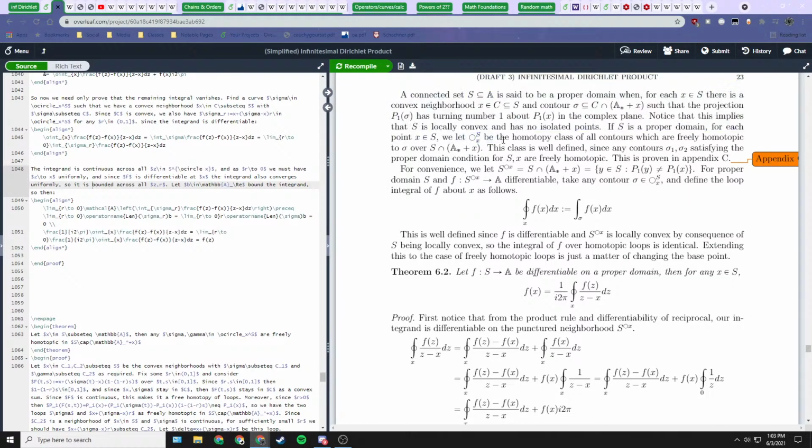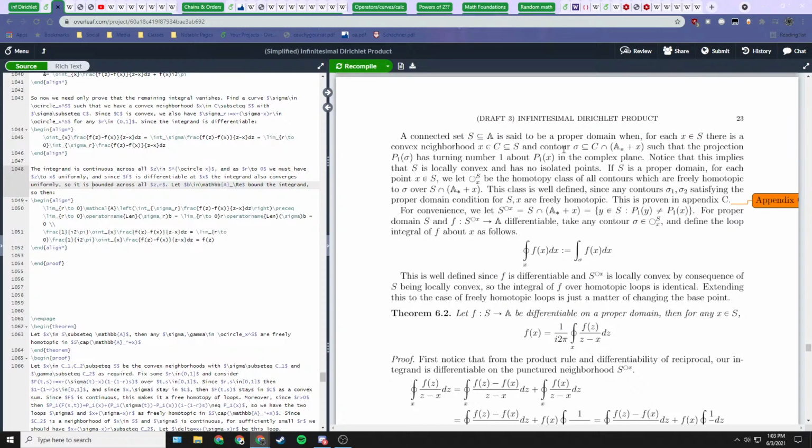So we want to show that all of these loops are homotopic, so that if we just have some loop in some convex neighborhood of x, or some punctured convex neighborhood of x, any two loops that are like that are homotopic to each other. Doing that is still something that we want to do. Let's see, what other assumptions do we make that we haven't proven yet?